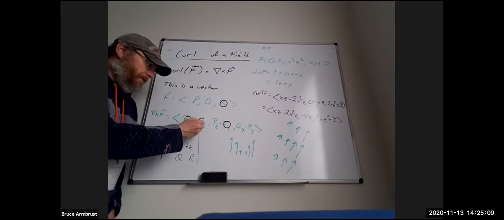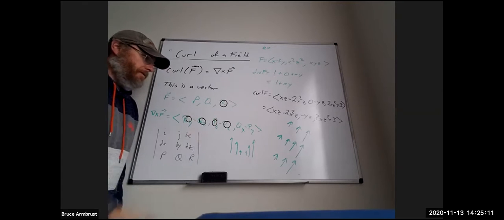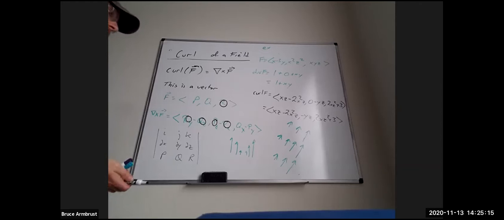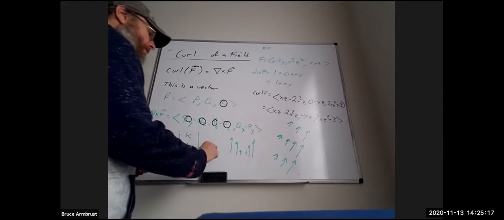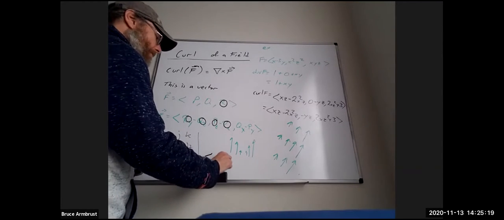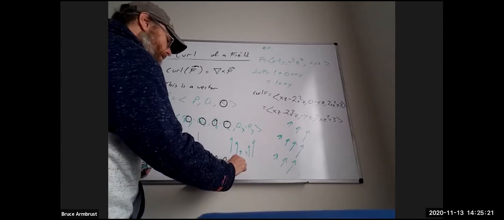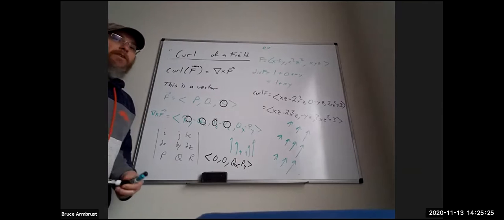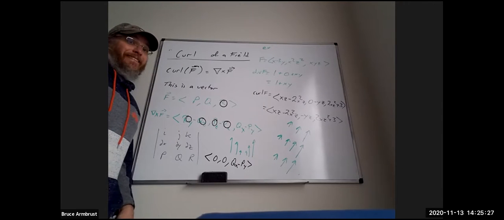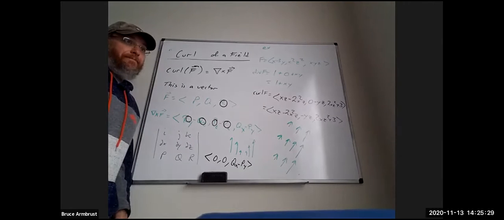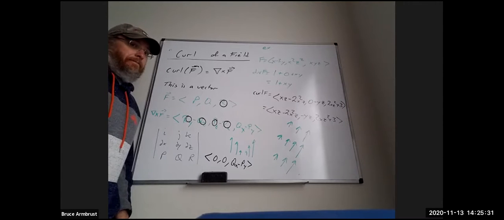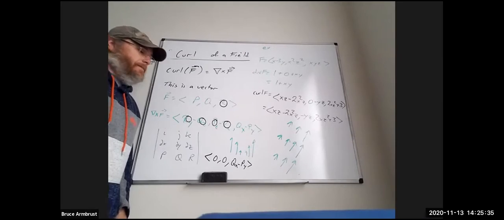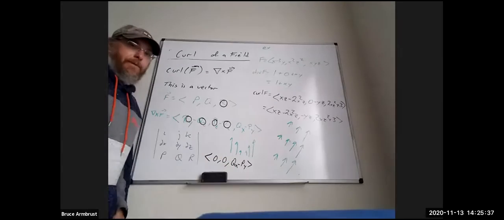So the Q_z is 0, the P_z is 0. And so we can still get curl. Just in 2 dimensions, it's going to be 0, 0, Q_x minus P_y. So the curl is always going to be pointing in the z direction, and its magnitude is going to be Q_x minus P_y.